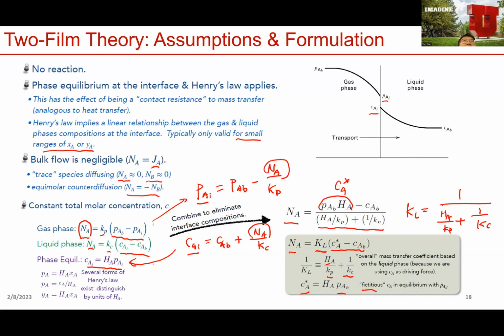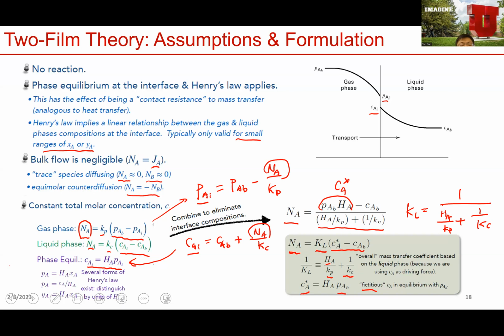It's a fictitious concentration in the liquid phase, but in reality, it's the partial pressure of A in the bulk multiplied by the Henry's constant. Now, if we can find the mass transfer coefficients KP, KC, and the Henry's law coefficient HA, then we can compute the mass flux using this equation.